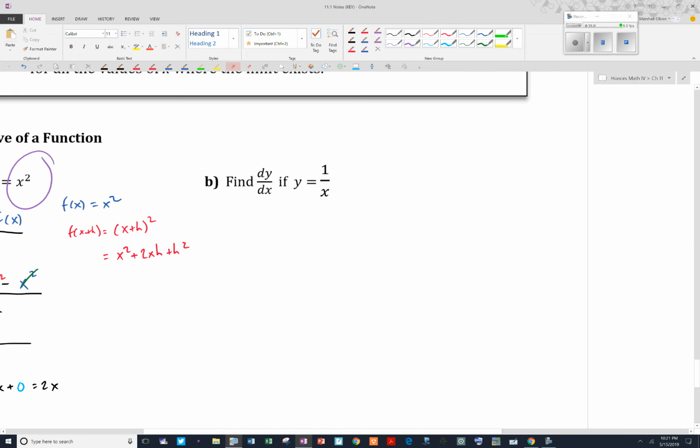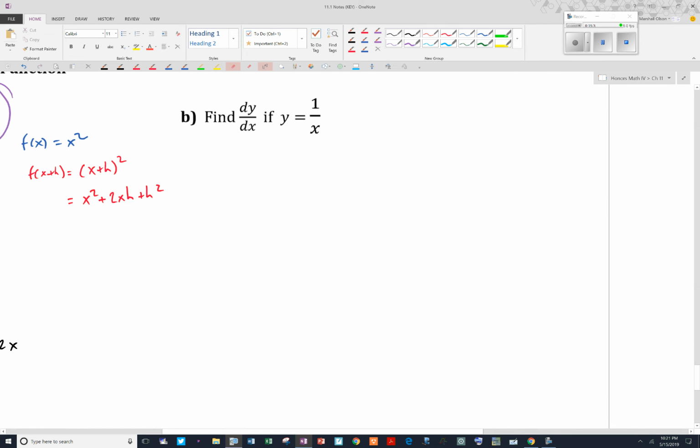All right. Last example here, we're going to find the derivative of y with respect to x of y equals 1 over x. So let's start with this.